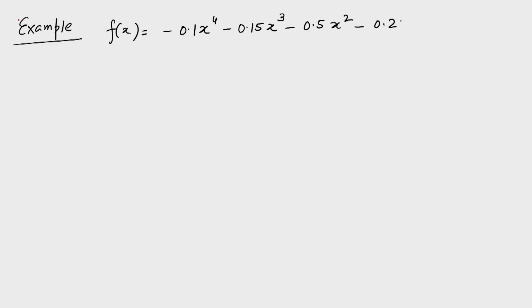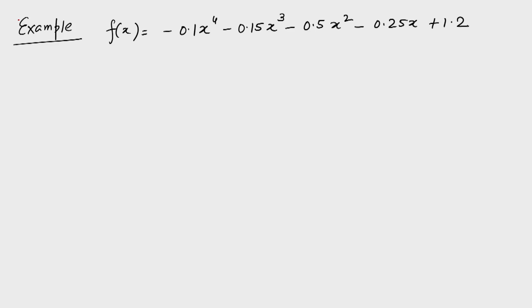So, let us take an example. f of x equals minus 0.1 x to the power 4 minus 0.15 x cube minus 0.5 x square minus 0.25 x plus 1.2.